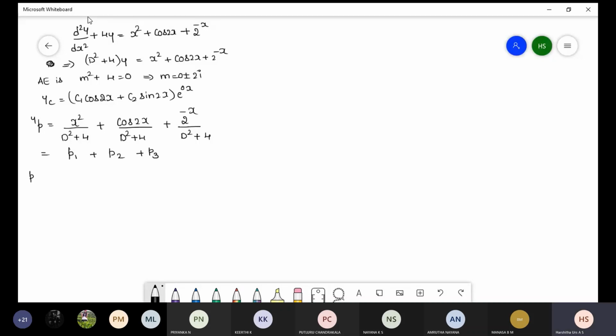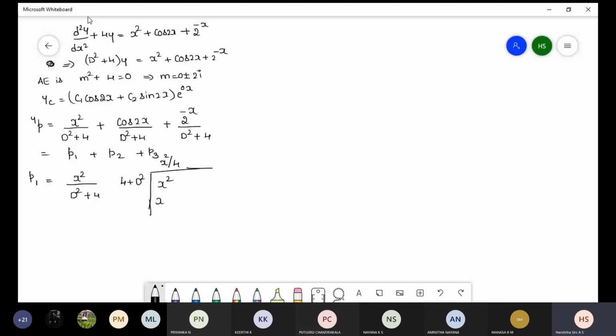So here p1 is x square divided by d square plus 4. So we have to write the division method, x square, 4 plus d square here with the least degree. So for this x square, to get x square, I just write x square by 4. So 4 will get cancelled.